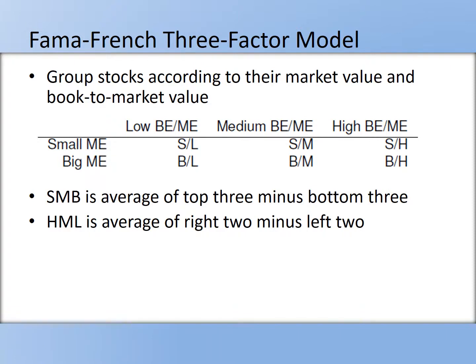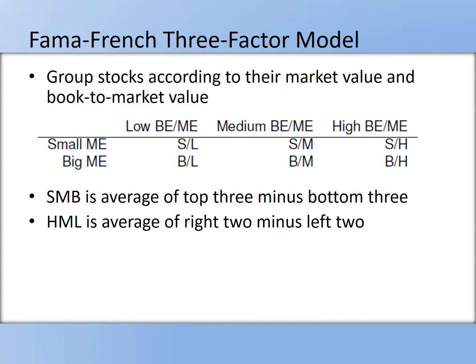Now, practically, the split was done with the New York Stock Exchange only, and the stocks in the other exchanges are sorted into the cutoff accordingly. If you're doing Fama-French in Hong Kong, then you don't have that problem because we only have one stock exchange. So you separate all stocks into two groups of equal size.